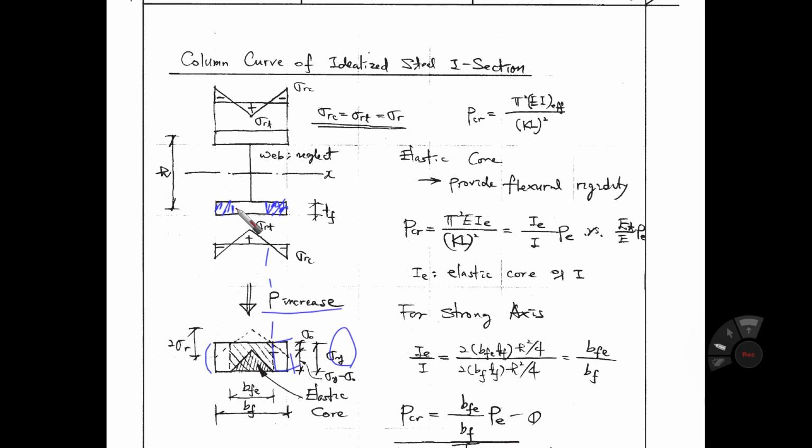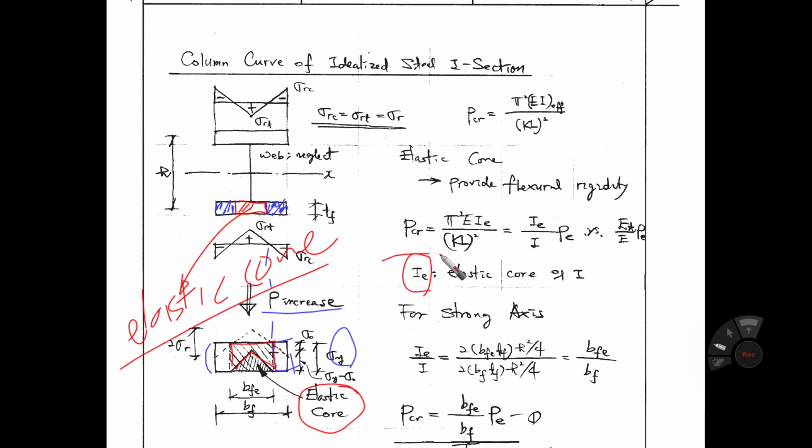How about this red part? What is the stress state? This red part is not yielded now because the stress is not sigma y. So this red part, the stress state is elastic. So we call it the elastic core. This red part is the elastic core.